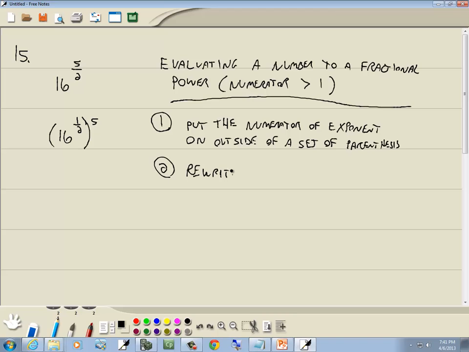Rewrite what is inside the parentheses in radical form. And simplify.